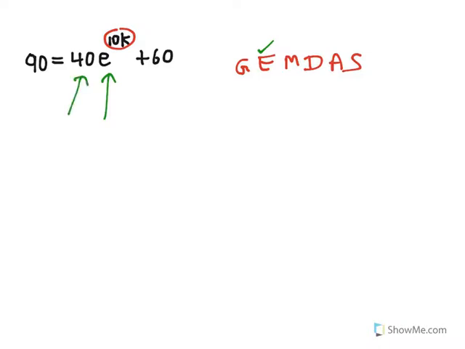You also have multiplication by 40, and you also have addition by 60. So you have these three operations that are being done. So you have to undo them in the reverse order of GEMDAS. So you have to begin by undoing addition by subtracting, undoing multiplication by dividing, and finally we will undo the exponentiation with base e.